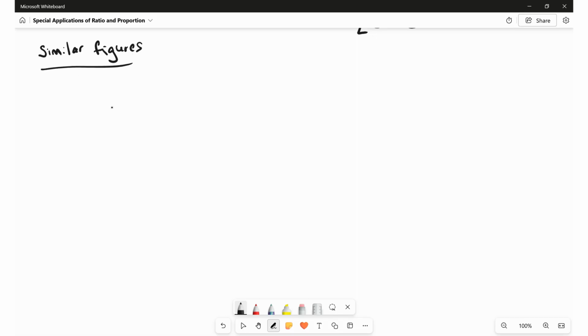Okay, and when we're talking about similar figures, the ratios of the corresponding sides are proportional. Okay, so that's a lot of fancy talk. What does that actually mean?